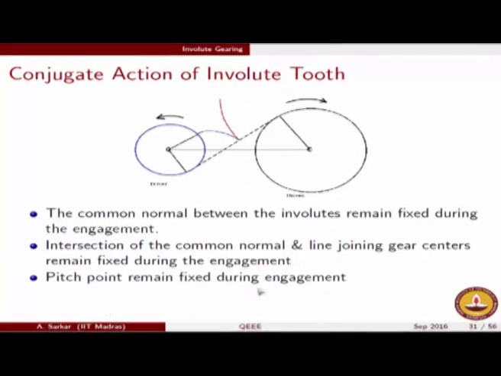So the pitch point remains fixed during engagement because the common normal is fixed. The line joining the gear centers is fixed during engagement. That obviously does not change because gear centers are fixed.